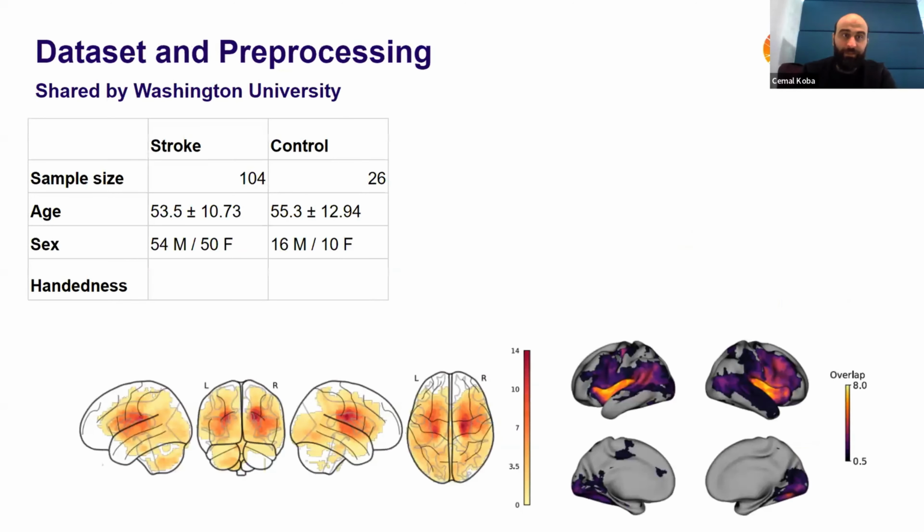And we used a dataset from Washington University. And in the dataset, the distribution of the stroke lesion is quite similar to the other studies, so it reflects the average distribution that's around the basal ganglia.